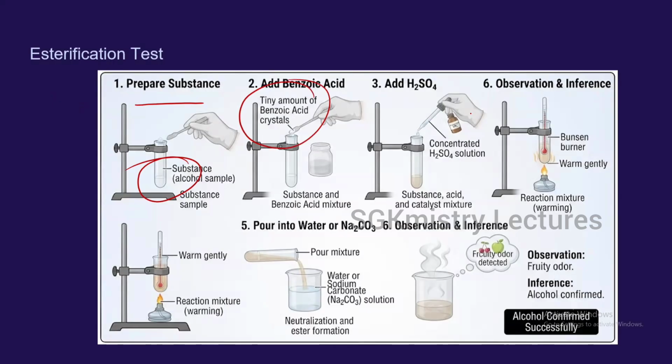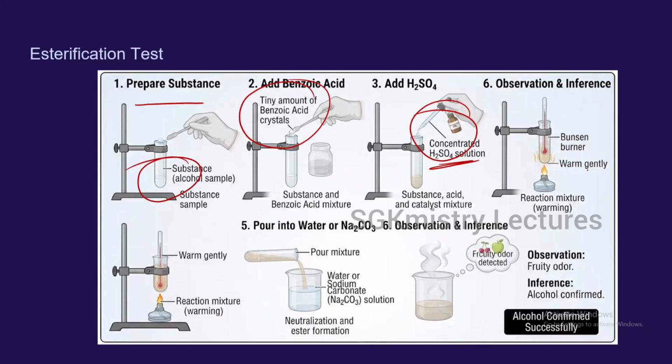Now you need to add concentrated sulfuric acid, and again keep in mind, we are going to take a dry test tube here. This sulfuric acid acts as a catalyst, mainly helping in catalyzing the formation of ester.